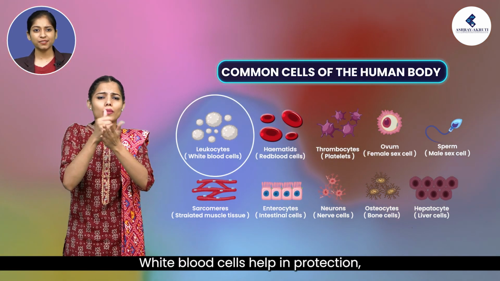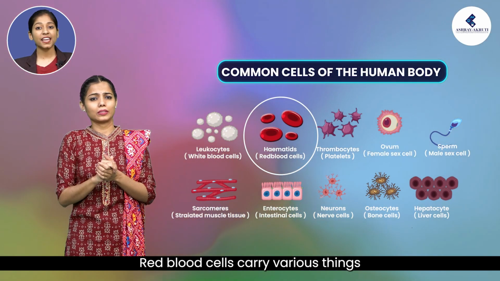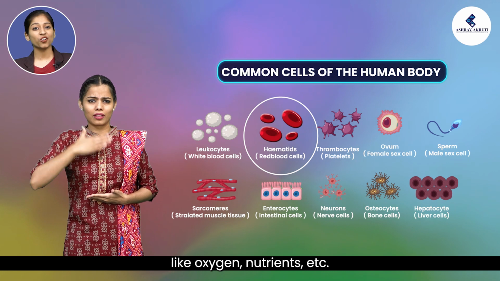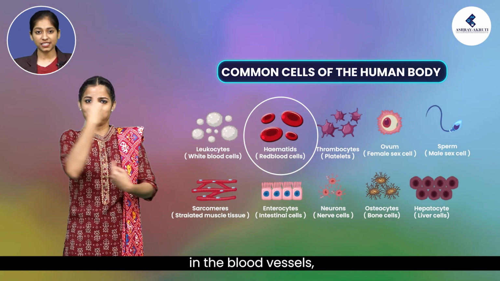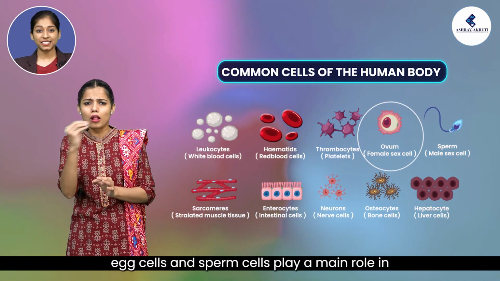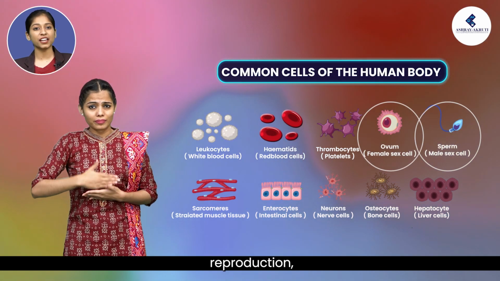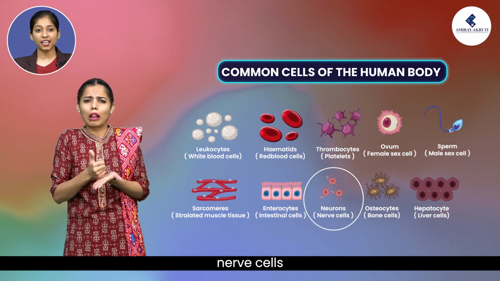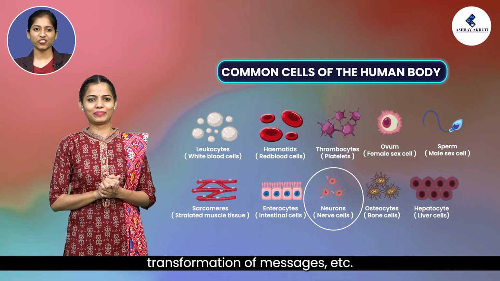White blood cells help in protection. Red blood cells carry various things like oxygen, nutrients, etc. In the blood vessels, platelets help in clotting. Egg cells and sperm cells play a main role in reproduction. Nerve cells help in the transmission of messages, etc.